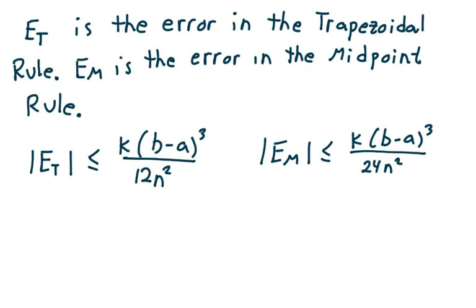Now, a is 1, b is 2, and k is 3e. There are other choices we can have. Now, let's take a look at the trapezoidal rule. We're going to take one at a time.